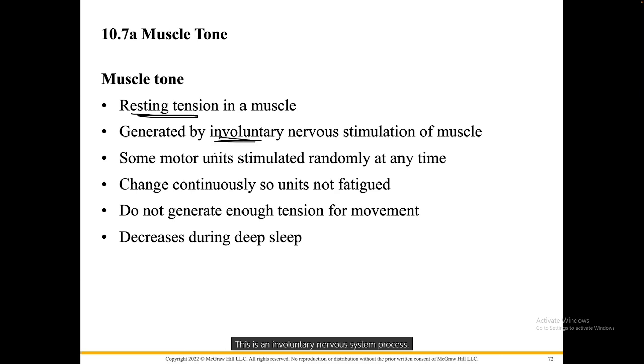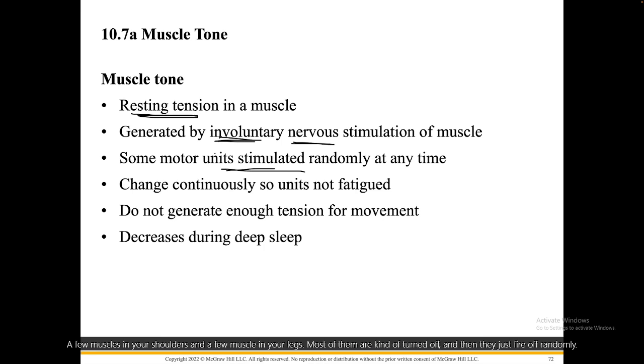This is an involuntary nervous system process, and we'll talk more about that in the last module of 223. But basically the way it works is, when you're just watching TV, your whole postural muscles don't shut down, but most of them do. And just a few muscles in your upper back are fired off to keep your head up straight, and a few muscles in your shoulders, and a few muscles in your leg, but most of them are kind of turned off.